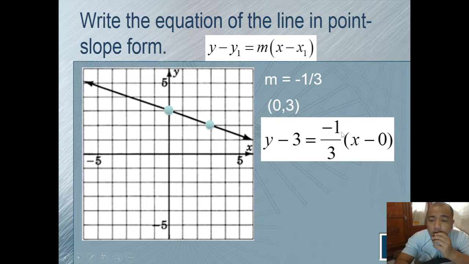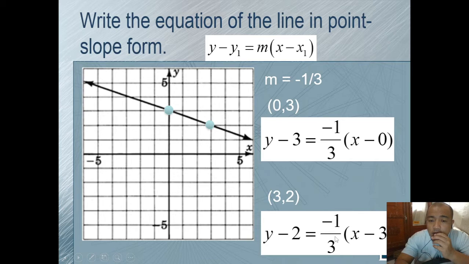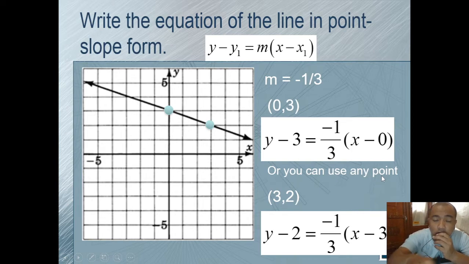y minus 3 equals negative 1/3 times x minus 0. And then you can also choose another point which is (3, 2): y minus 2 equals negative 1/3 times quantity x minus 3. Right? So you can use any of these 2 points, but still the slope is negative 1/3.